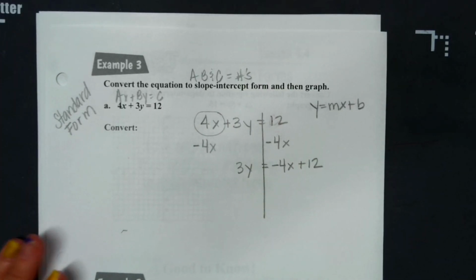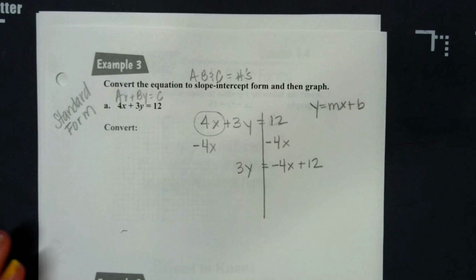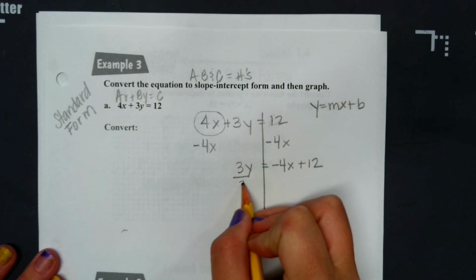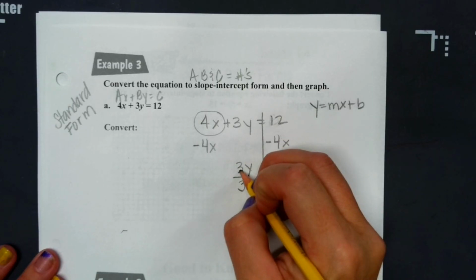I want you to pause the video here and see if you can get y by itself now. Okay, let's keep rolling. Divide by 3, because it was 3 times y.